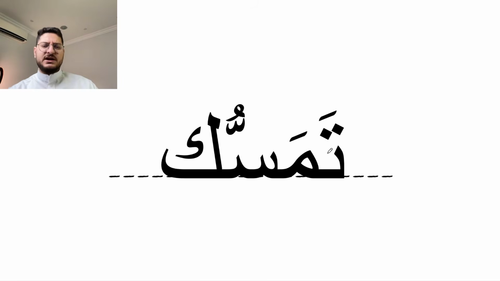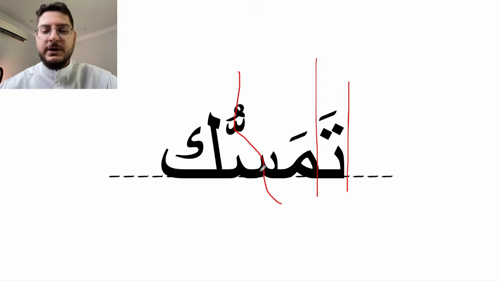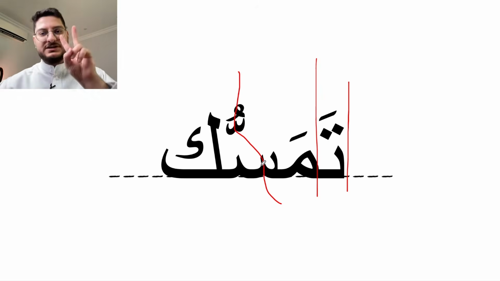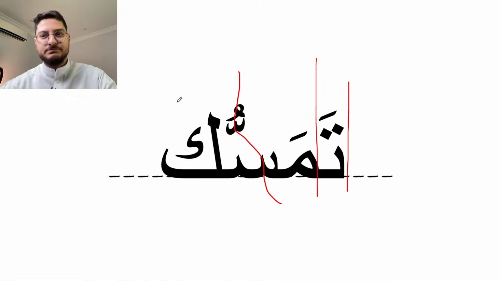Let's look at this. Let's first start by splitting this into syllables. So the first syllable would start here before the ta, before the fatha, right? The second syllable starts there before this fatha. The third syllable starts right in the middle of the su we have in here, which means I need to pronounce this S sound twice. Once with this syllable and once with that syllable. Let's try.